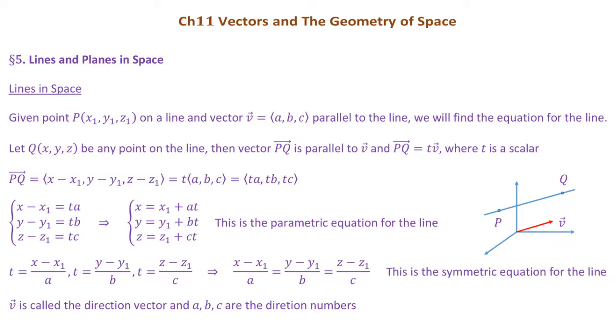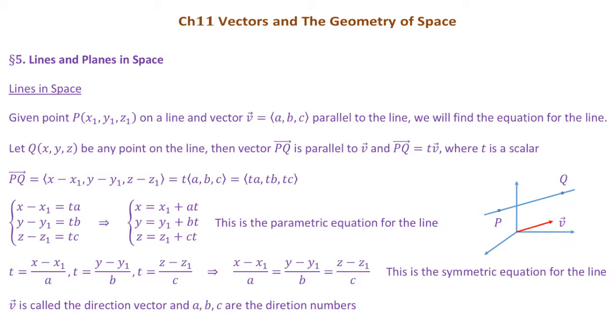This is the same parameter we use to describe this line. So x minus x1 over a has to be the same as y minus y1 over b, and equal to z minus z1 over c, because all of them are equal to t. This is called the symmetric equation for the line. This is the form of the equation of a line in 3D space. The vector v is called the direction vector, and a, b, c are the direction numbers.